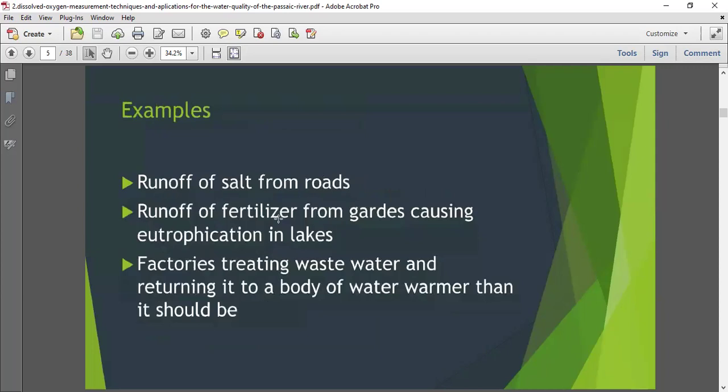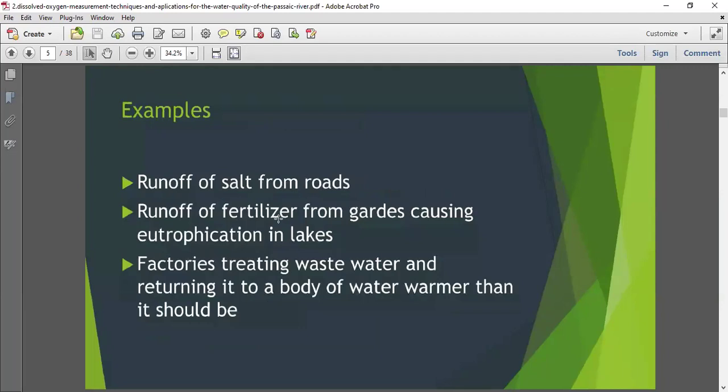Runoff salt, runoff salt from roads. Normally, you study in irrigation technology the runoff, the portion of precipitation above the surface during the rainy time.